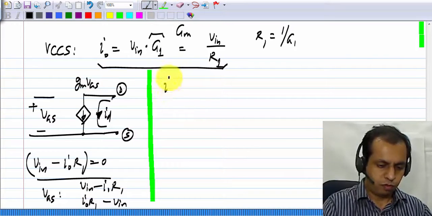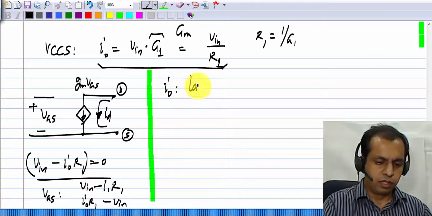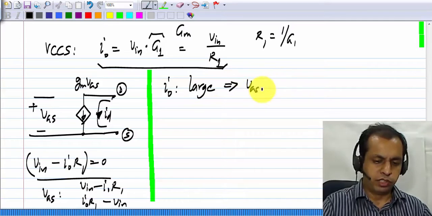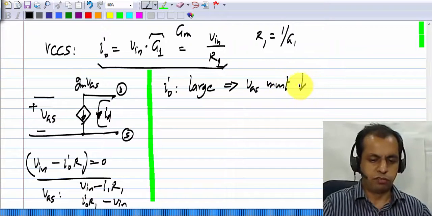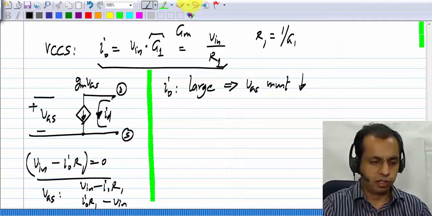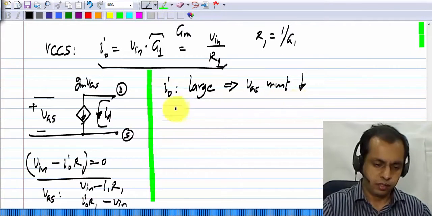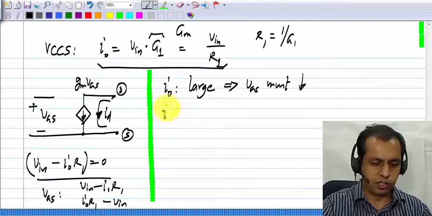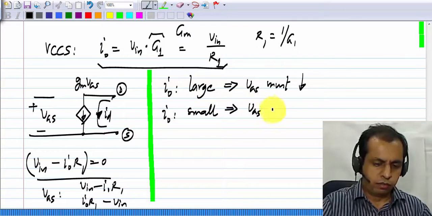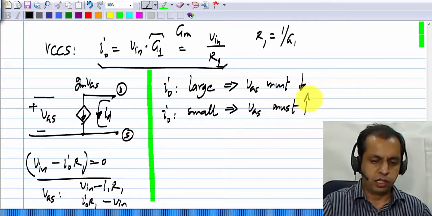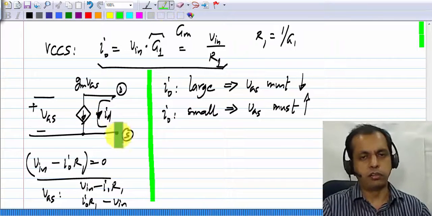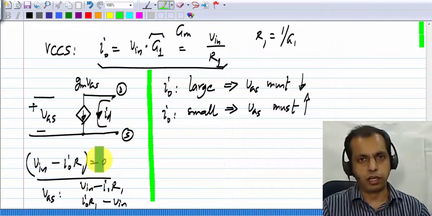If I naught is large, it tends to increase, then VGS must fall. If I naught is too large, larger than desired, VGS must fall so that the current reduces. And similarly, if I naught is too small, then VGS must increase so that current increases. Eventually, the drain current of the MOS transistor will be the output current I naught.